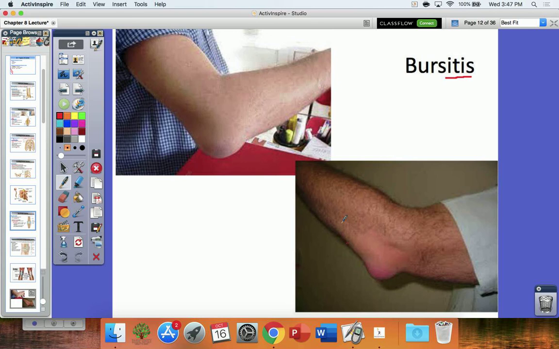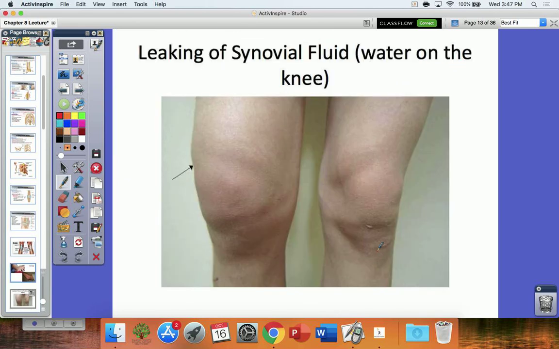And these are all pictures of the bursa of the elbow. But we can also have leaking of the synovial fluid. Remember, within the synovial membrane, there's synovial fluid. That synovial fluid sometimes leaks out, and it's informally called water on the knee. It will become very tight and very uncomfortable to walk.